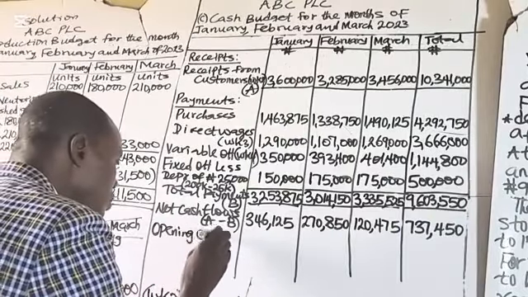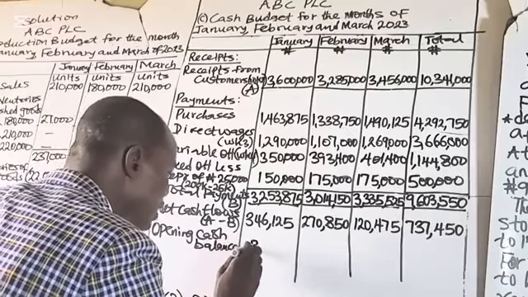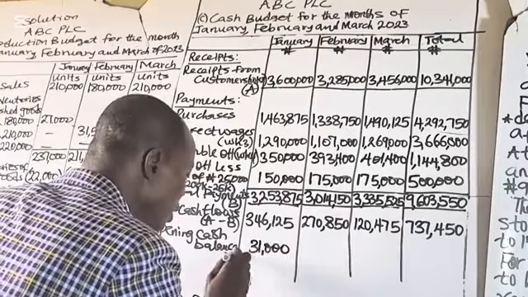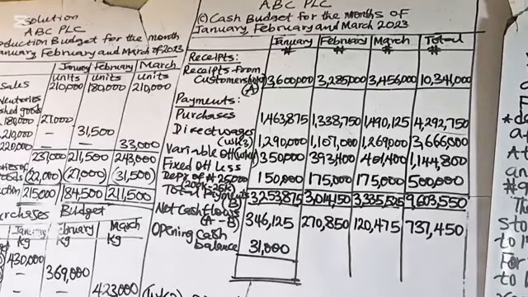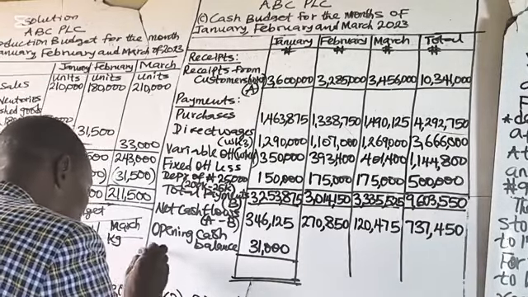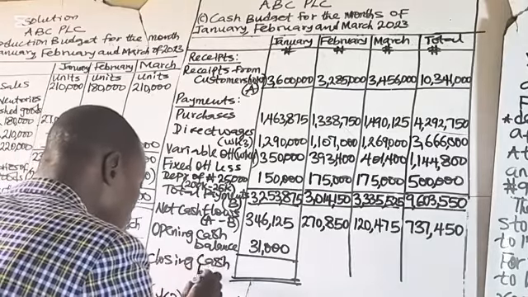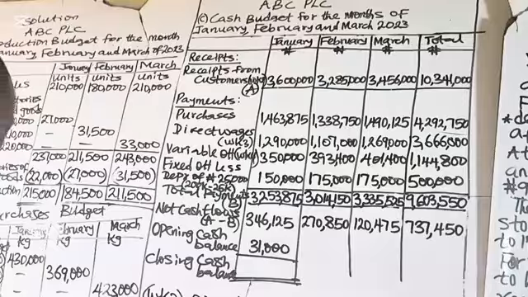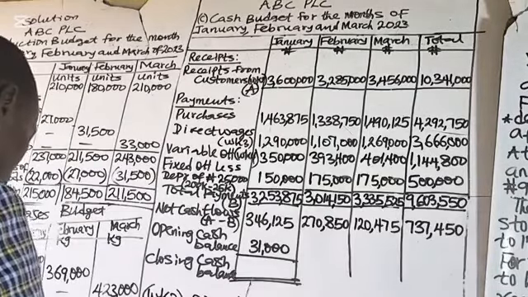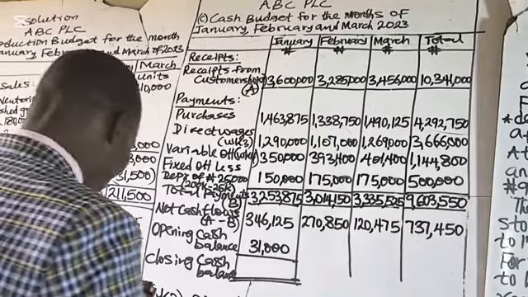If you now add the opening balance to the net cash flows, you arrive at the closing cash balance. So we have 346,125 plus 31,000, and that is totaled 377,125.